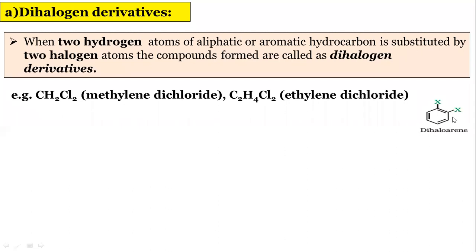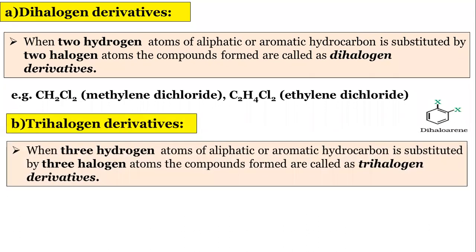In this, two hydrogens are replaced with halogens. Halogens means fluorine, chlorine, bromine, or iodine. This is the 1-2 position. It is called the ortho position. If this X and another X are at the 1-3 position, it is called the meta position, and the 1-4 position is the para position. In 11th standard, chapter number 15, aromatic compounds, we already learned this.